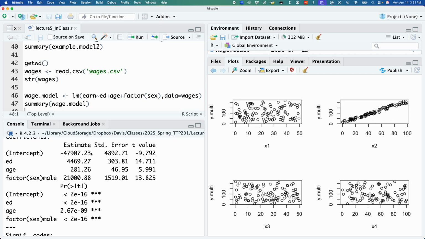So for simplicity's sake, I know that it's a little bit ridiculous, but let's say you are 0 years old and you have no education. How much would your expected income be as a male? Who can help me out here?